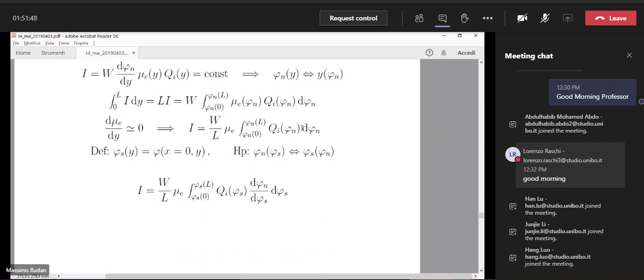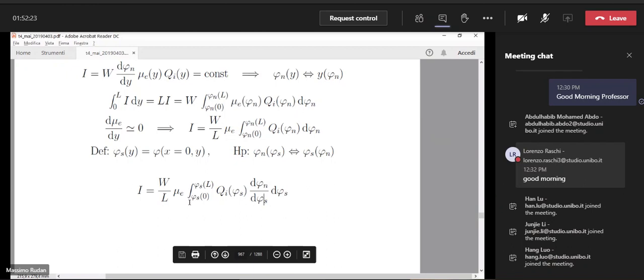But in so doing, we must modify the differential. So the d phi n becomes, obviously, d phi n over d phi s times d phi s. So we must be able to also calculate this derivative now. If we succeed in doing this, then the integral will be carried out over phi s. So we must also change the integration limits.